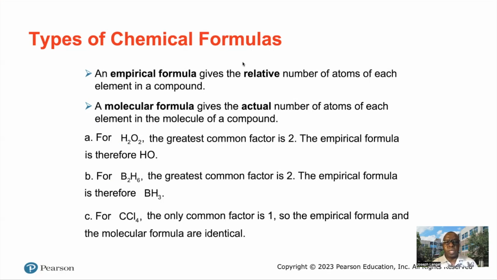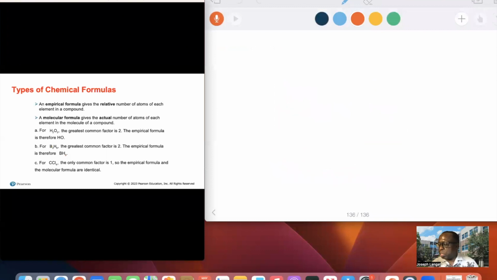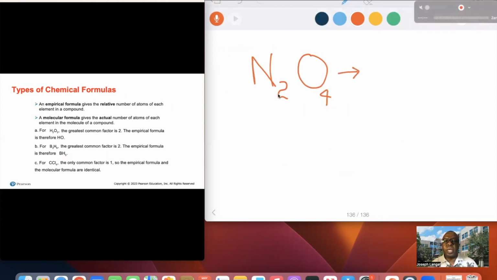I want to illustrate relative and actual so that you understand what is meant by relative. Here is dinitrogen tetraoxide. It indicates that we have 2 nitrogens and 4 oxygen. There are 2 nitrogens and 4 oxygen.